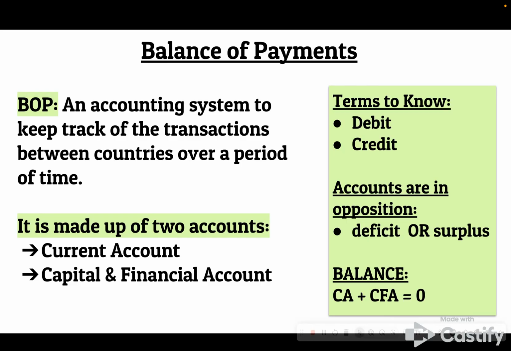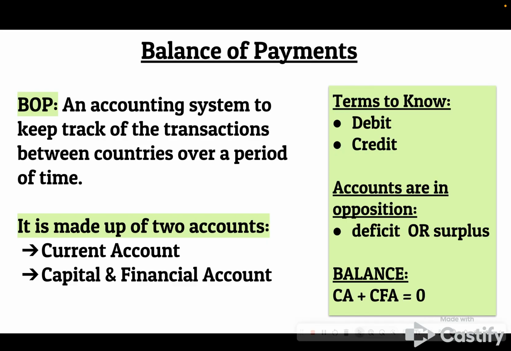The other thing to think about is that these two accounts are what we call in opposition to one another, almost like a yin and a yang. So when the current account is in what we call a deficit, maybe more money's leaving the country than coming in, then the CFA would be in a surplus. So the vocabulary there is similar to when we talk about budgets. We're talking about deficits and surpluses as opposed to increases or decreases.